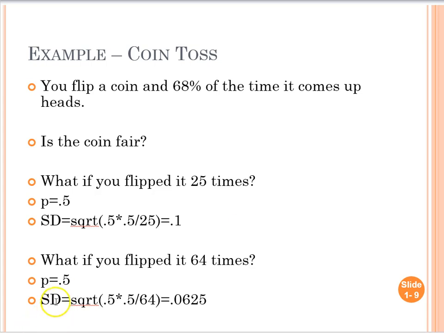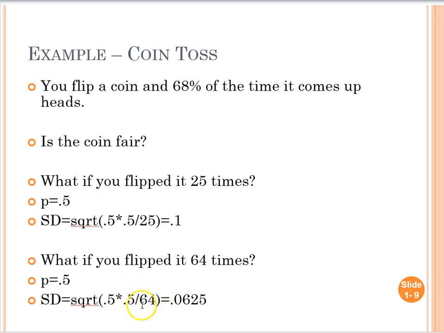But let's try this problem again, but let's say this time we flip the coin 64 times. So now our sampling distribution is going to change because we're sampling more often. So the mean is going to be the same. It's going to be still centered around 0.5, but our standard deviation is going to be much tighter because we're sampling more.